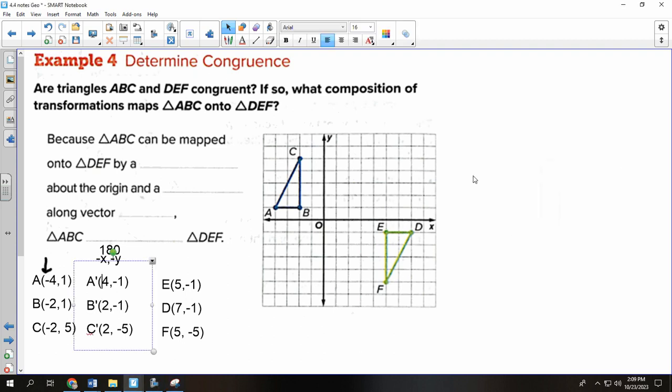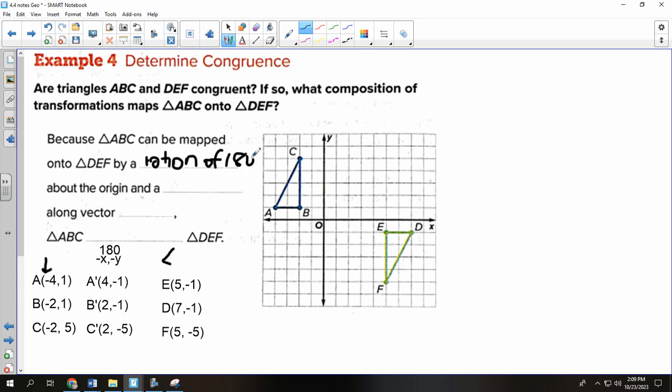Okay, you guys, I had a little clerical error. Let's fix it. The 4, I didn't have it negative here. It is -4. So that changes your A prime to 4, -1. And then, to transform these coordinates into these coordinates, ABC can be mapped onto DEF by a rotation of 180 and a translation.